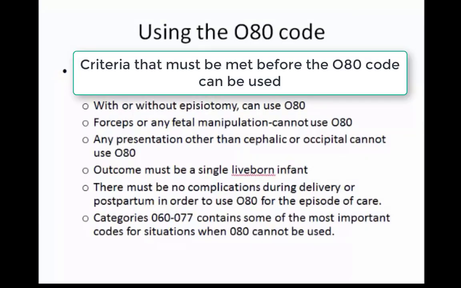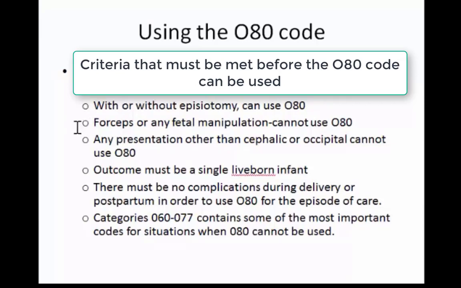There are certain criteria that have to be met before this code can be used. This is taken directly out of your coding handbook, and I've seen it on many tests, not only in my course, but courses that I've taken, because I think sometimes we think completely normal delivery means no episiotomy. No, that's not what it means. We are told that with or without an episiotomy, you can use that normal delivery code.